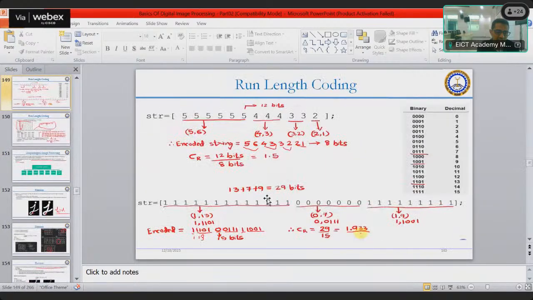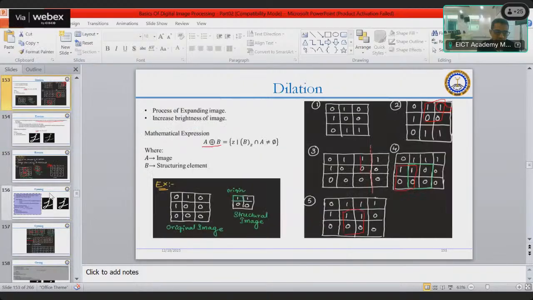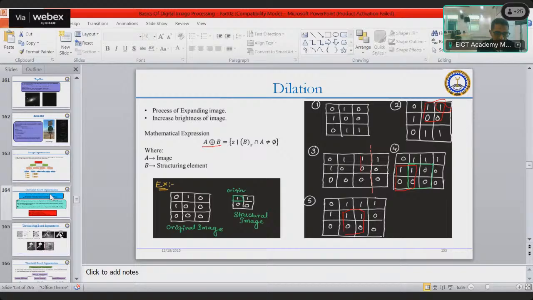And before it, a very important part, image compression. In image compression, you do the different types of coding, run length, etc. So that we have done.